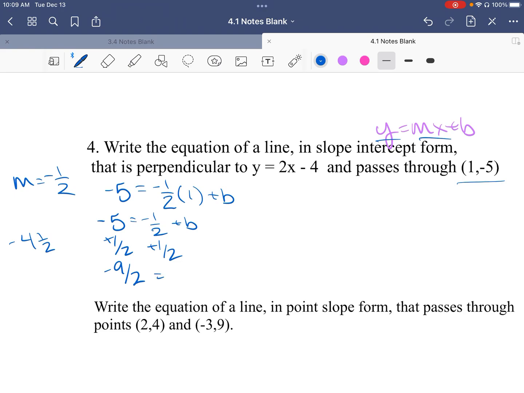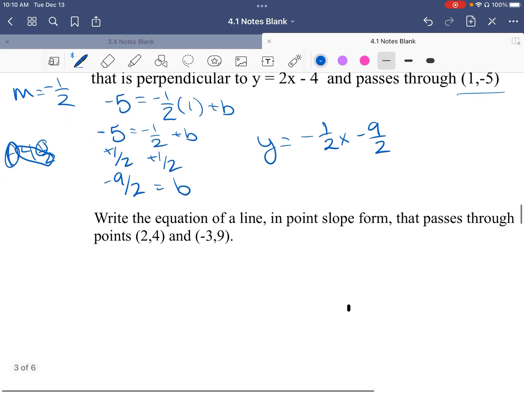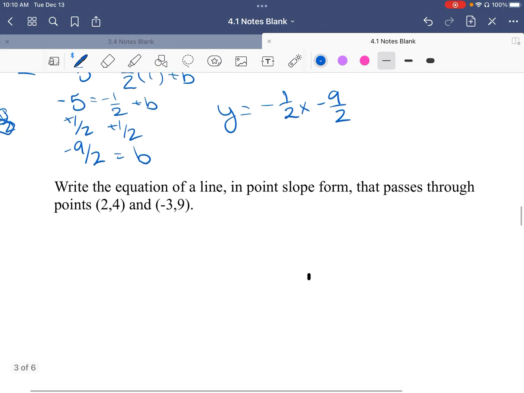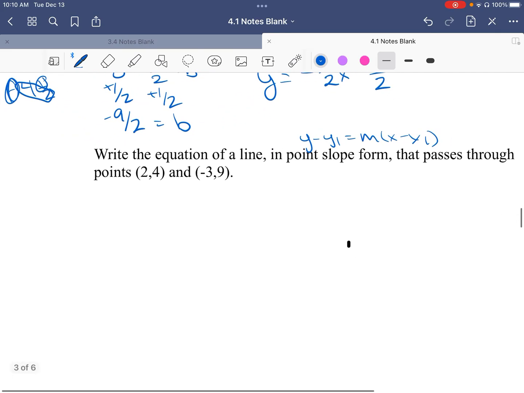So plugging our point into our y and our x so that we can solve for b. So negative 5 equals negative 1/2 times 1 plus b. So negative 5 equals negative 1/2 plus b, add 1/2 to both sides, and that's going to be negative 4.5, which we don't use decimals.